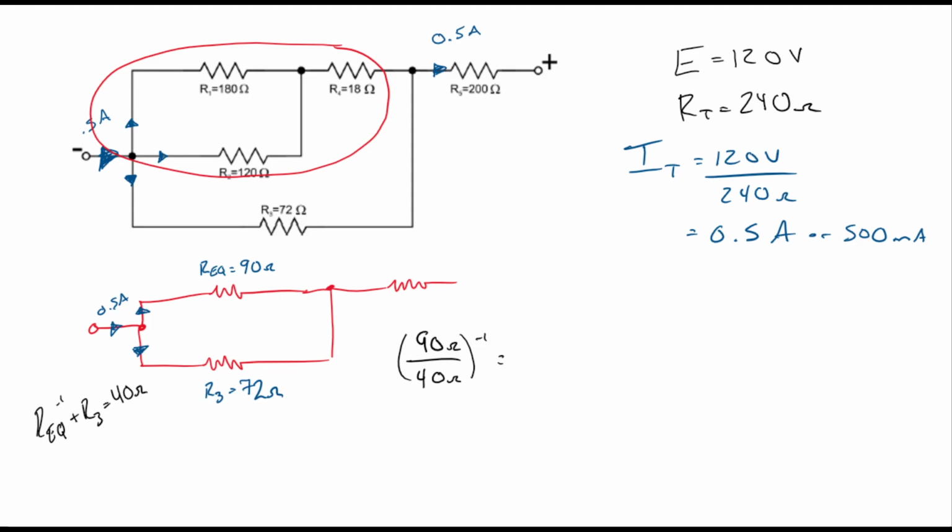And what that is going to tell me is the percentage of the current that actually is going to flow in that direction. So this ends up being 0.444, a whole bunch of decimals repeating, or 44%. 44.444% of the current is going to flow in that direction.